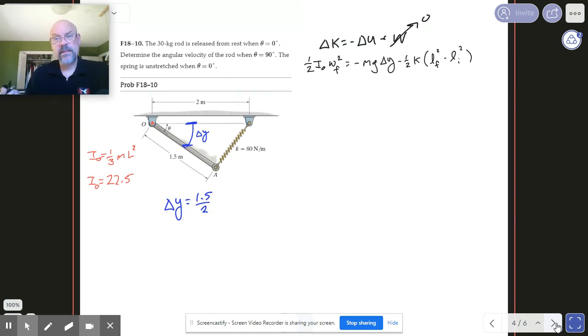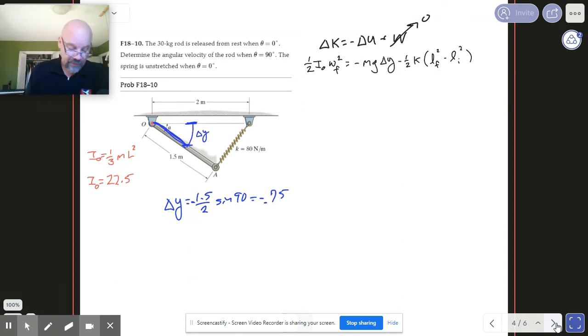That's the center point. So that's my length along here times the sine of, oh, we're going all the way. So that's 90 degrees. Okay. Well, that worked out pretty cool. So that's just 0.75. And it is negative, like so.